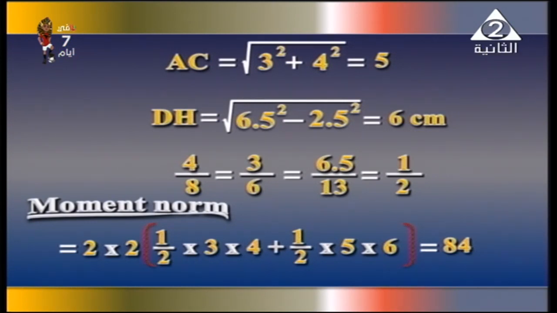What do you mean by 4 over 8? The length over the force. Then the force over the length equals 2. 2 is K, the constant of the couple. Then the norm of the moment equals 2 times K, the ratio, multiplied by the area of the triangles.